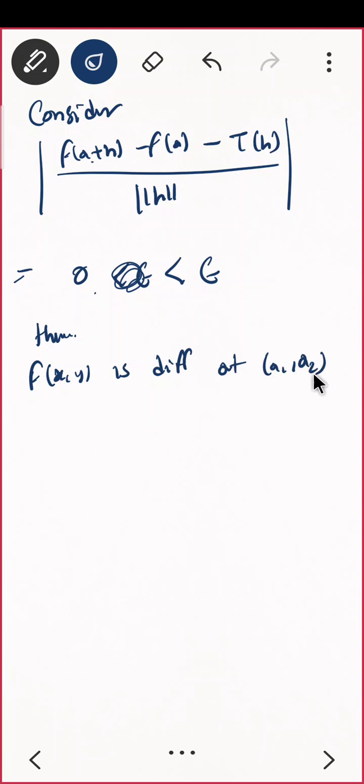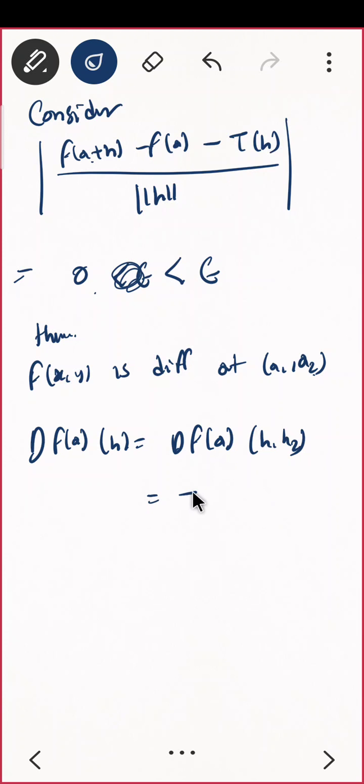And what is the derivative? df of a at h, that is df of a at h1 h2, that is equal to T of h1 h2, that is equal to 3h1. Is that okay? So this is my derivative. So what can I say? The function is differentiable.